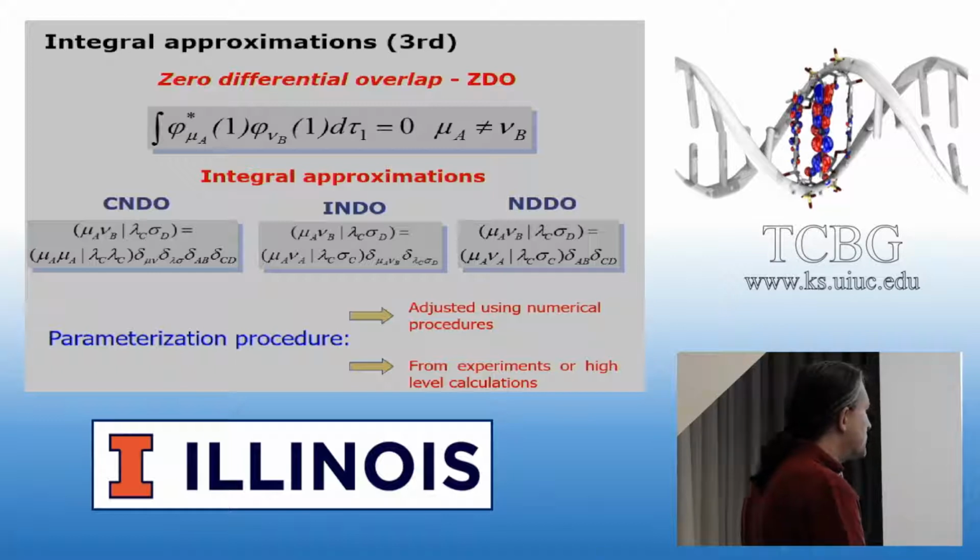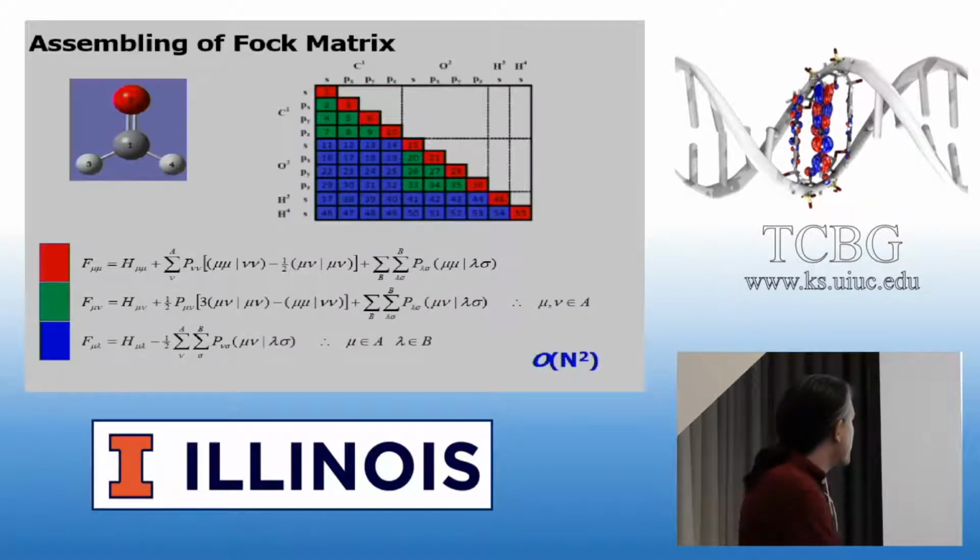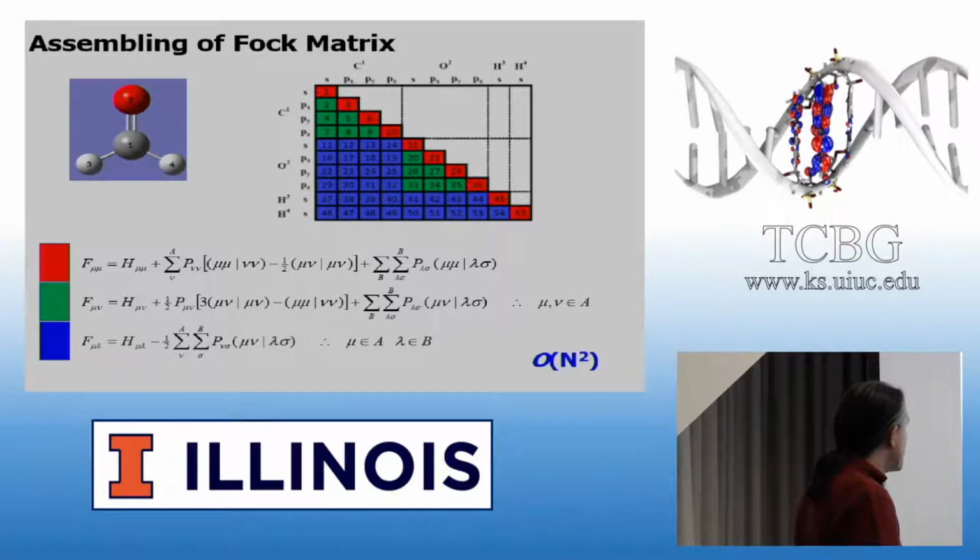The modern semi-empirical methods use both strategies to find the best parameters to construct your semi-empirical method.